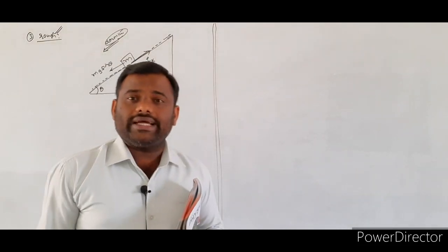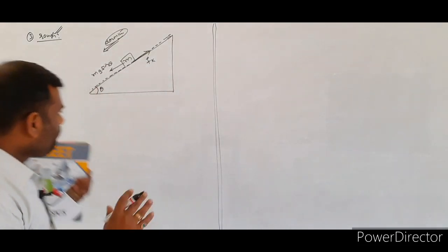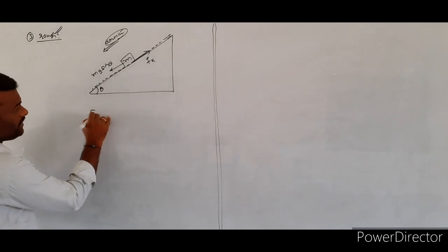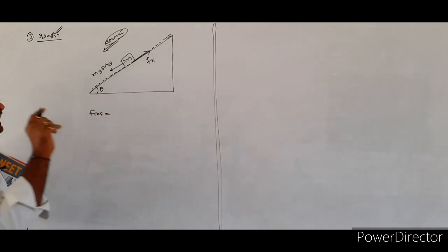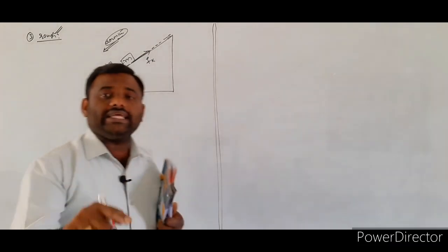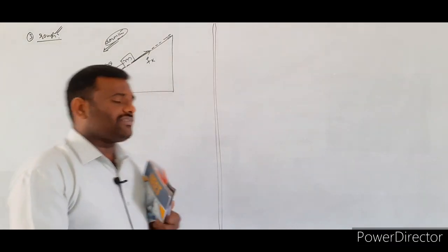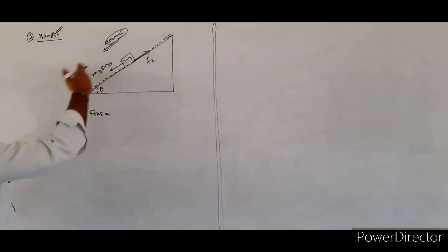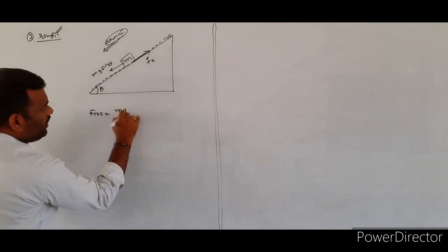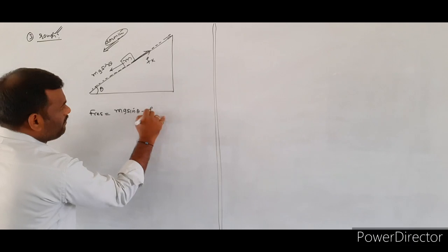In this case, they are asking for the work done by the resultant force. First, write the resultant force. The resultant force always exists in the direction of the motion. Since the motion is in the downward direction, resultant force is equal to mg sin theta minus fk.